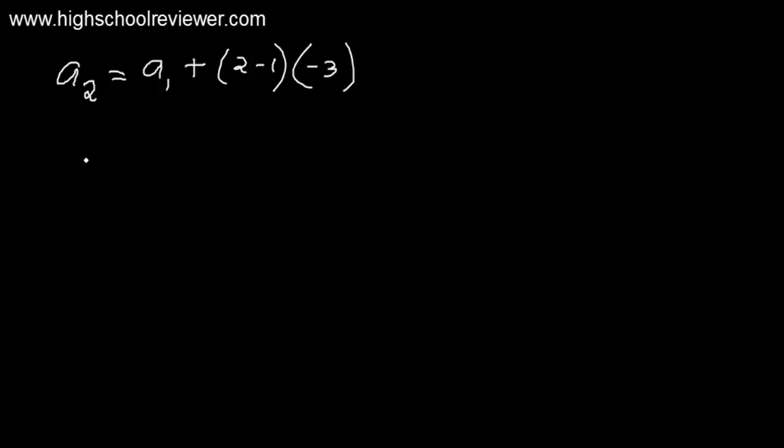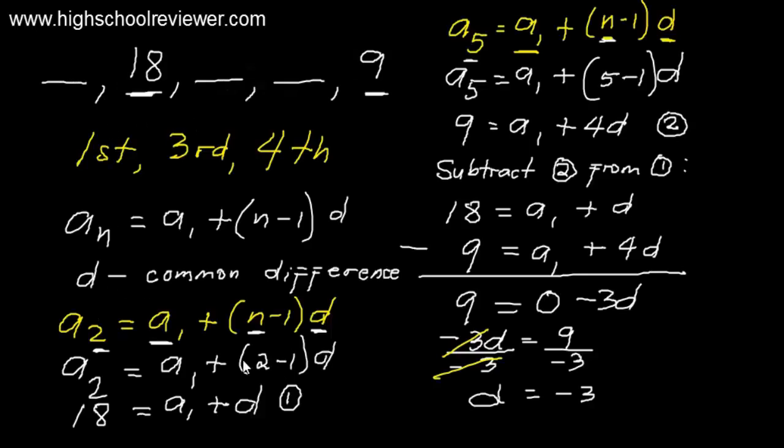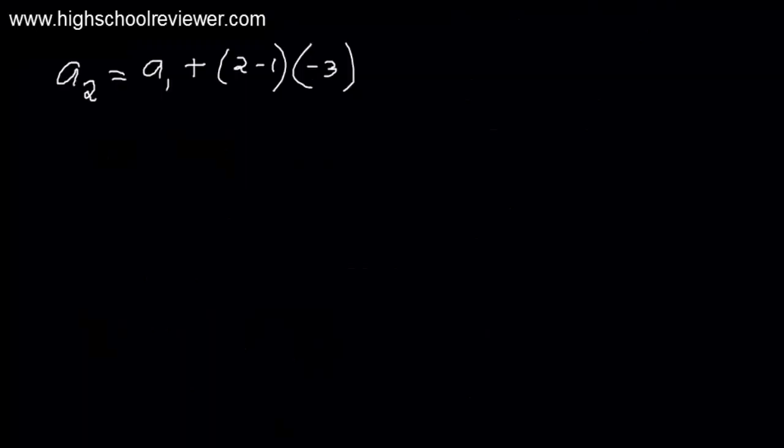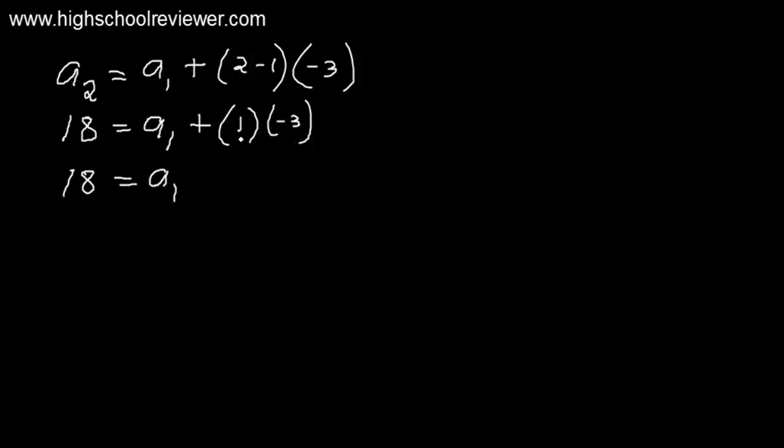And the value of a sub 2 is positive 18. Since we still do not have the value for a sub 1, this will be 18 equals a sub 1 plus 2 minus 1, which is 1, multiplied by negative 3. Positive 1 times negative 3 is negative 3.